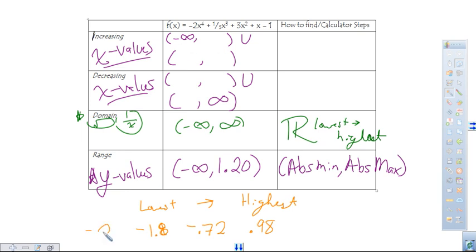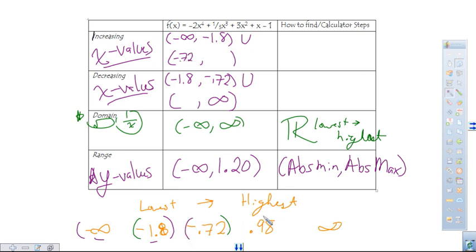So I start here at negative infinity, I go all the way to infinity. Are you ready for this? I know that I'm starting off increasing. There's my increasing. There is my decreasing. So let's write it up while we're looking at it. Increasing is from here to here. If I stop increasing, I start decreasing. I'm going to decrease until negative 0.72. If I stop decreasing, I start increasing.